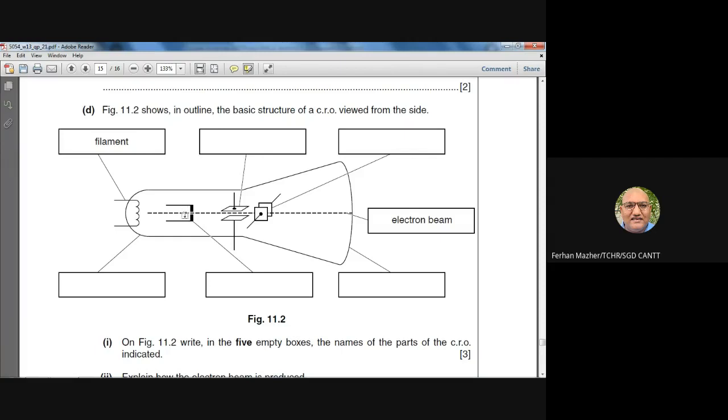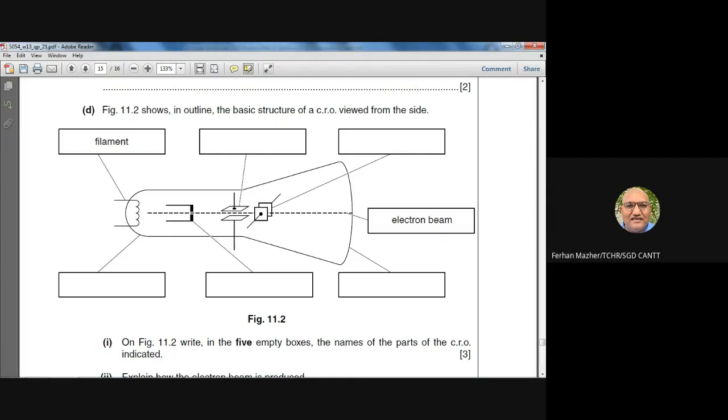This anode is at a very high voltage, and because it is positive, and the electrons are negative, it will attract those negative electrons, and a beam of electrons will be produced. And we have a hole in the anode, so the electrons which are attracted to this anode go through that hole, beyond this anode, and they make a beam of electrons.